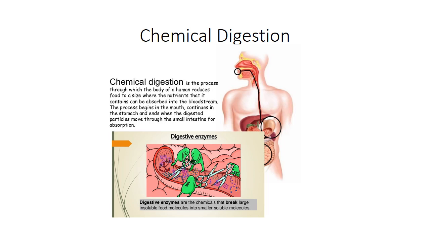The process goes sequentially. It begins in the mouth. For example, when you eat a piece of bread, it contains starch. Starch is a very large molecule of complex carbohydrate. So in the mouth, there are digestive enzymes contained in the saliva, which begin cutting this large molecule of starch into smaller pieces.